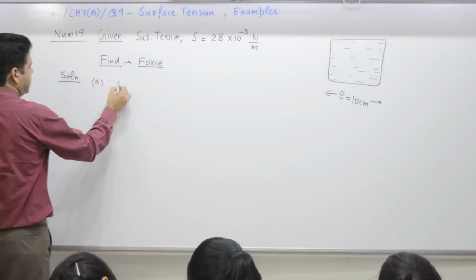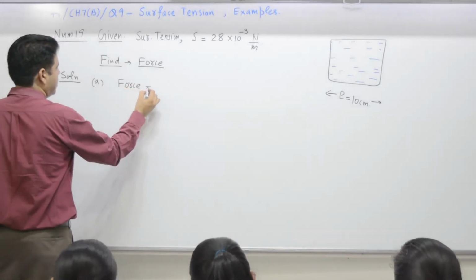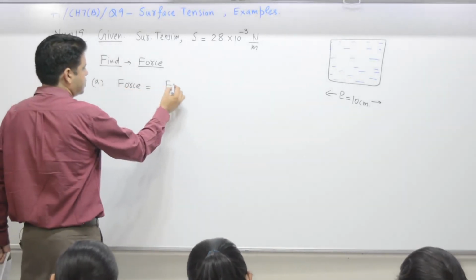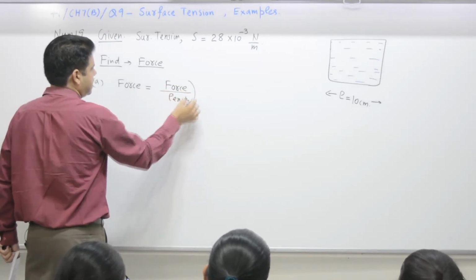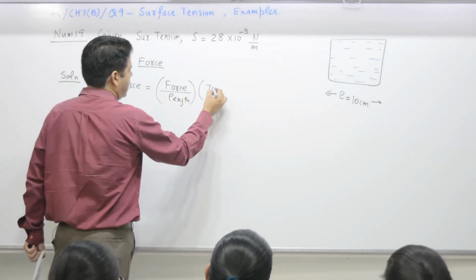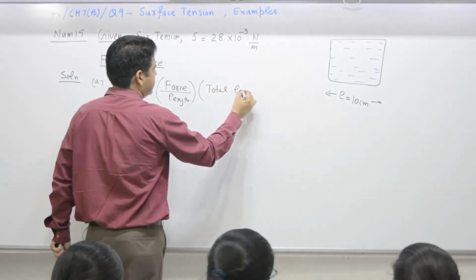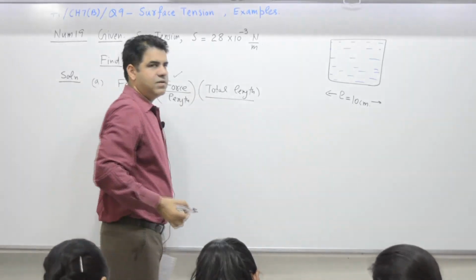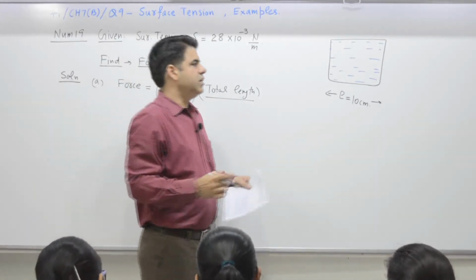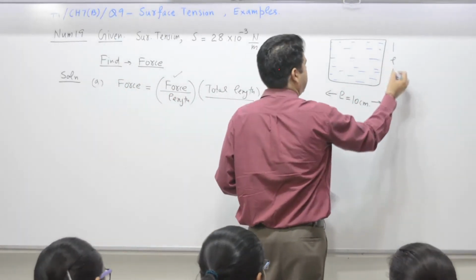Force will come out to be what? Force per unit length into the total or effective length which you have. This is given to you. Question is, what is the total length?